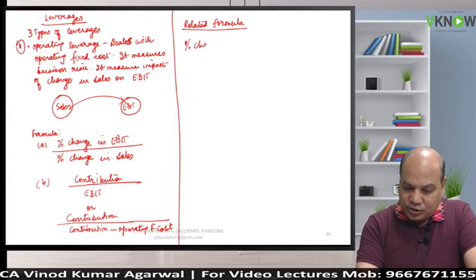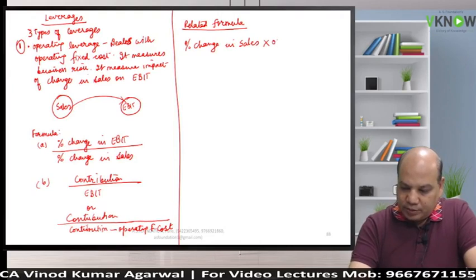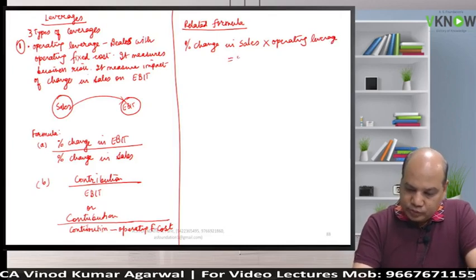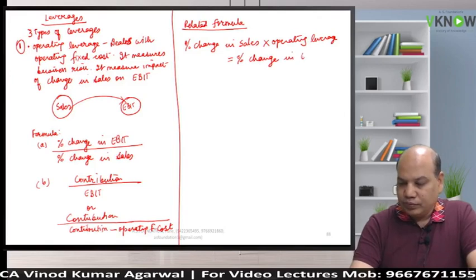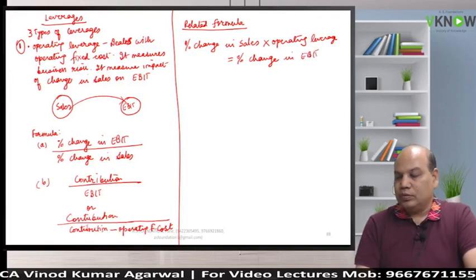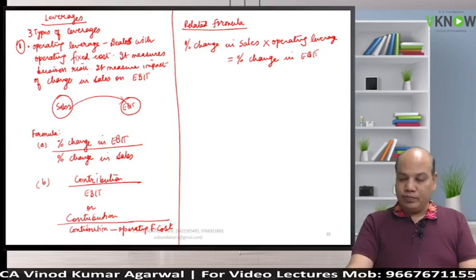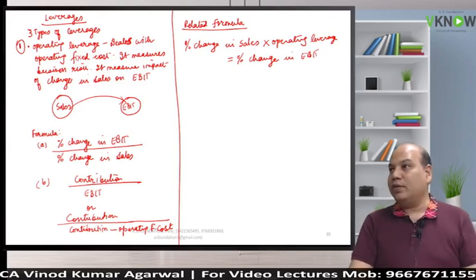Percentage change in sales multiplied by operating leverage will give you percentage change in EBIT. Correct? If sales change by 1%, operating leverage is 5, EBIT will change by 5%.